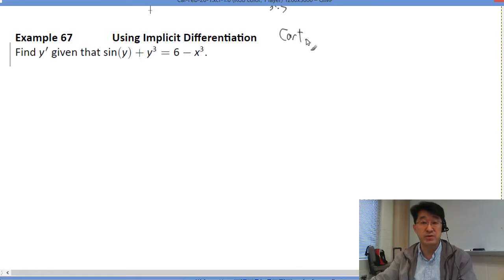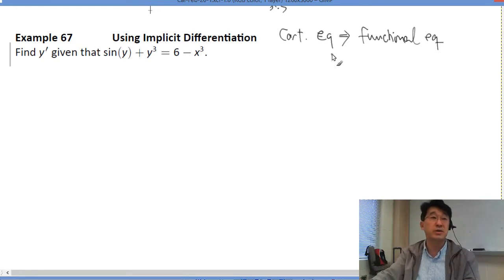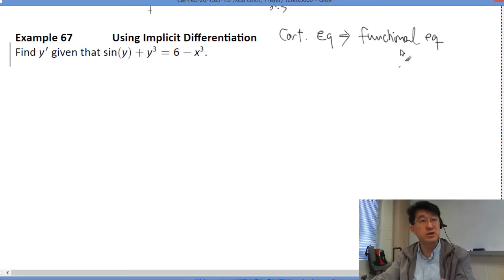That is a pre-calculus notion, Cartesian equation. Now we're going to pass to something called the functional equation. He said that was a Cartesian equation. Now he called it something different, functional equation. And I said that when I was mentioning Cartesian equation, there is no function. It's just coordinate x, coordinate y, right? Now it becomes a functional equation. I have to bring in the function. That function is y equals f of x.